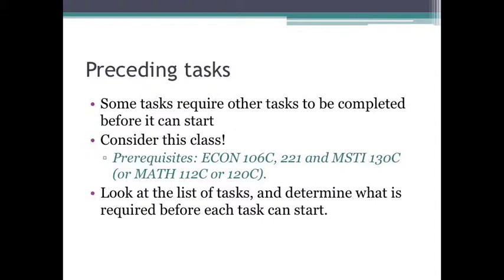And you need to have taken some sort of math course, either MSTI 130, ideally MSTI 130, or Math 112 or 120. So before this task could be completed, there were several preceding tasks that needed to occur. So when it comes to managing a project, you need to look at the list of tasks and see which tasks need to occur before other tasks can start.